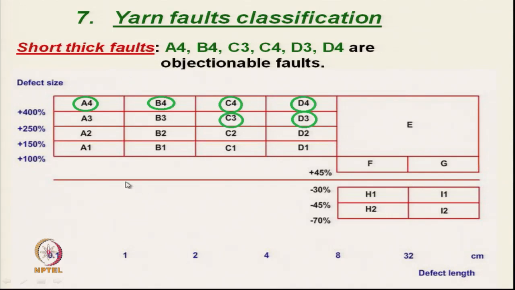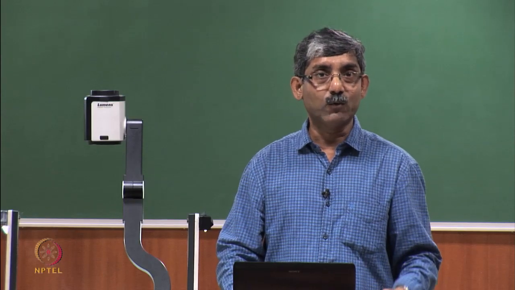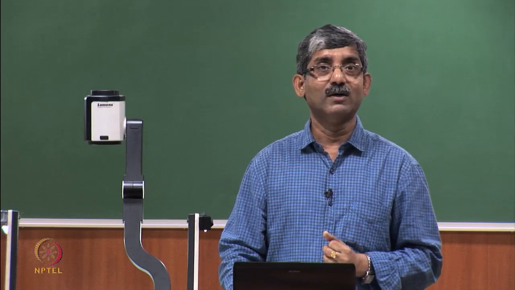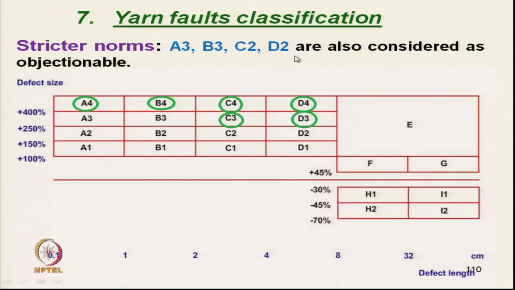Here we also have to see the number of breakages in the winding, because one break means we are introducing one fault, as we have to splice. So, if we want a stricter norm, then A3, B3, C2 and D2 can also be considered objectionable faults.